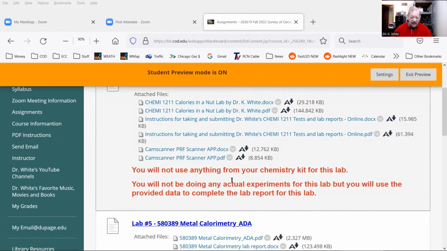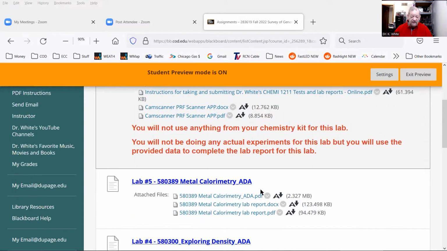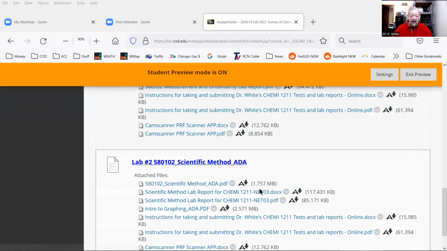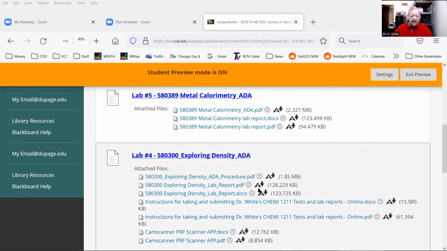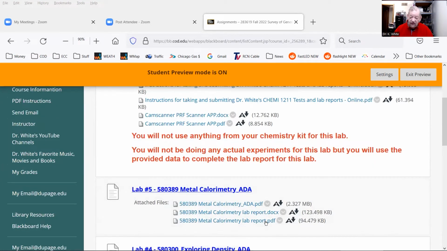All right, another thing, because a couple of you got your kits very late, I have opened all the labs 2, 3, 4, and 5. So if you haven't handed it in, you can hand it in. And think of this sort of as a lab amnesty program.